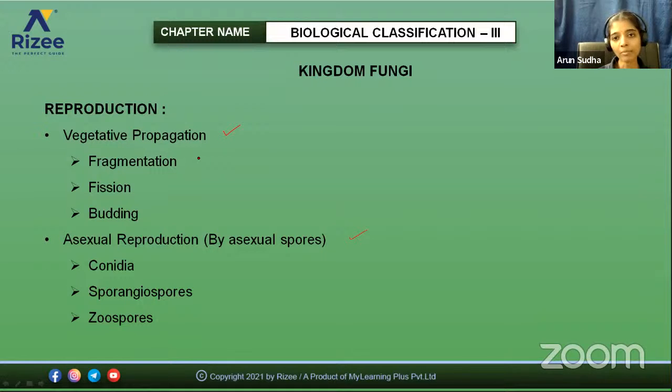The fungal mycelium breaks into many pieces, and each piece will develop into a new mycelium. Then fission, budding, and asexual reproduction happens by means of spores. We'll see in detail about these spores, that is gonidia, sporangiospores, and zoospores.